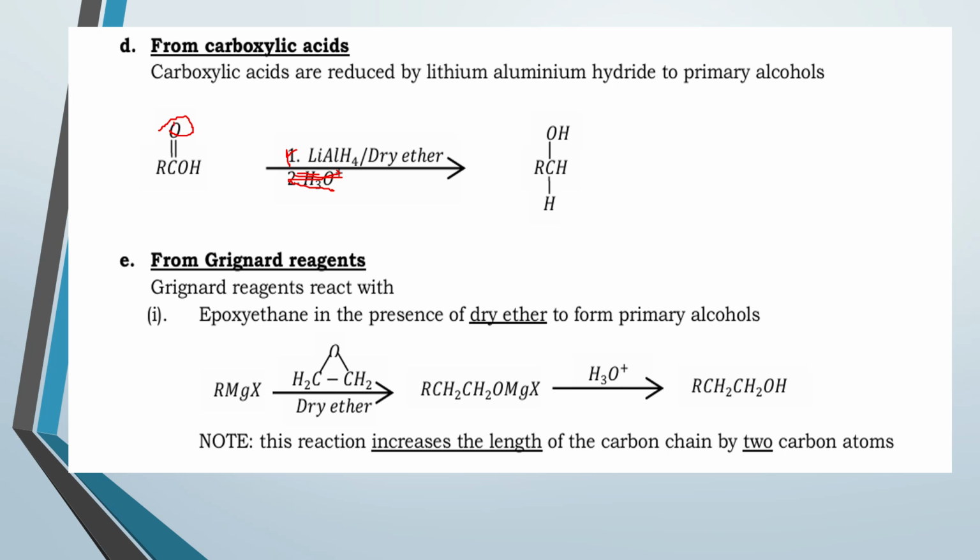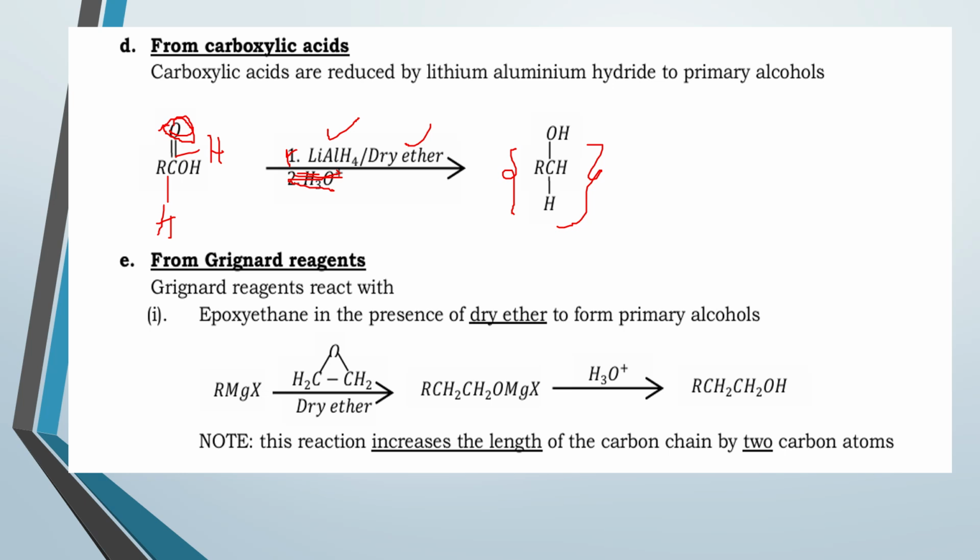So this goes away, and then these two bonds, each of them attaches to a hydrogen atom for us to get our alcohol. So reduce carboxylic acids by using lithium aluminium tetrahydride in dry ether to get the corresponding alcohols.